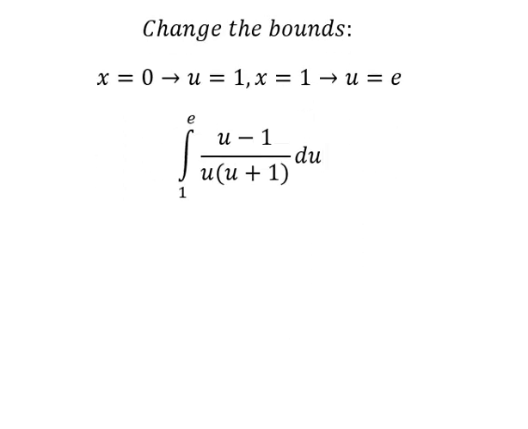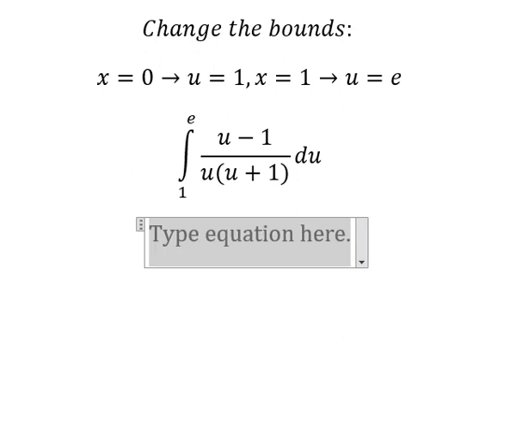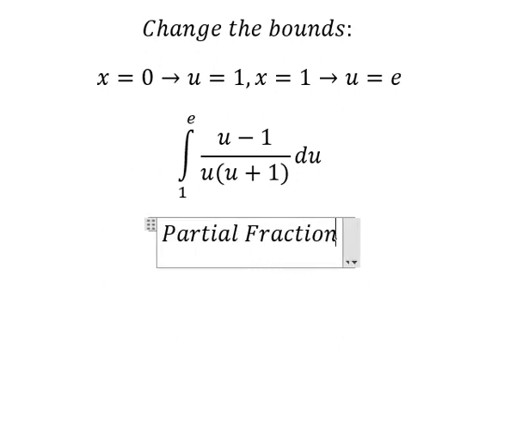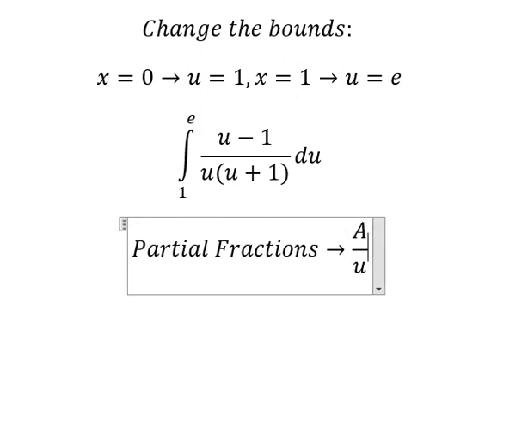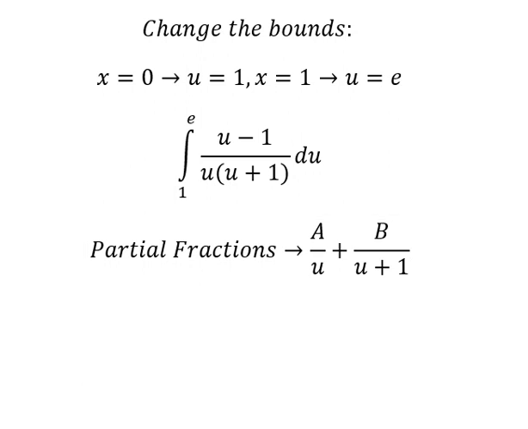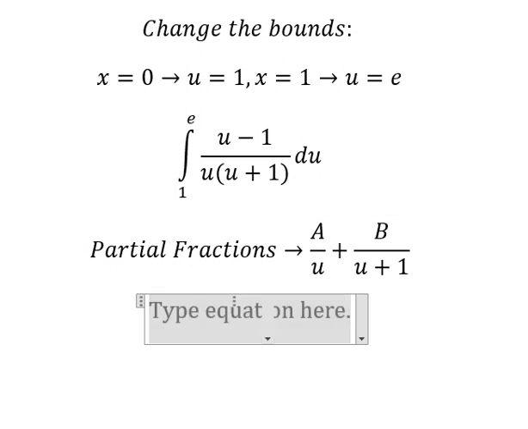Next, we can use partial fractions. So I will put A over u, B over u plus 1. Next, we can do a common denominator.